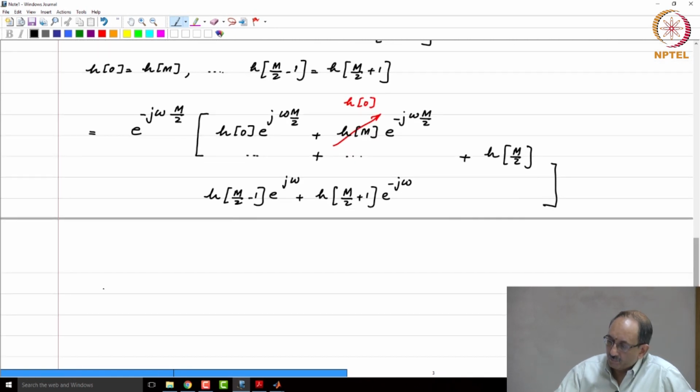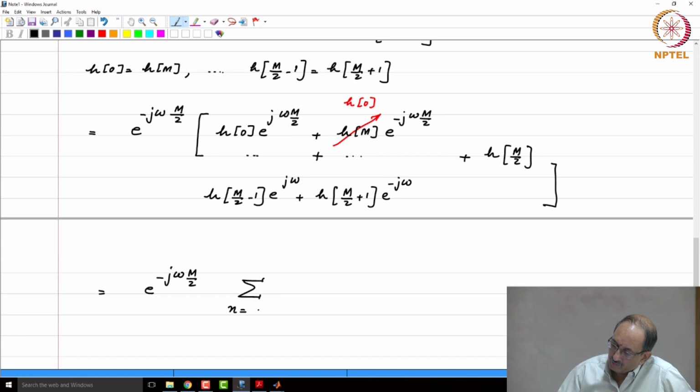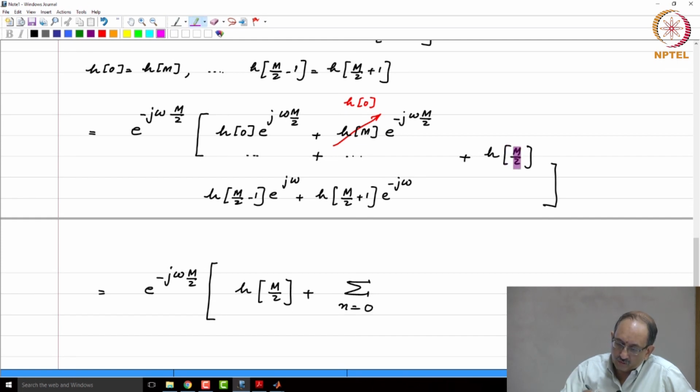And now you see the pattern that has emerged. So, you have e to the minus j omega M by 2, times the sum for n going from 0 to, we will see what the upper index is. We have to account for this center term h of M by 2 plus the sum for n going from 0 to, since this term is accounted for, the highest index has to go to M by 2 minus 1.